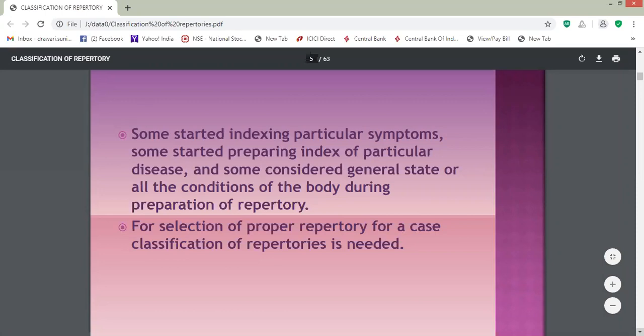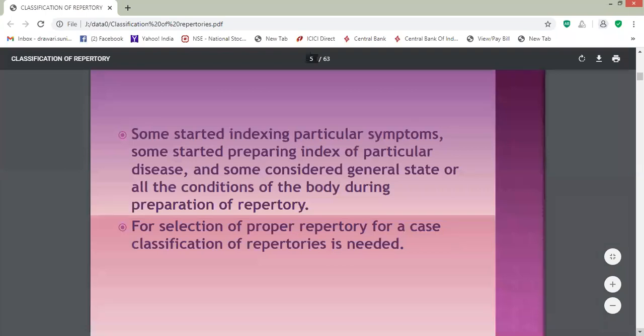So in this way, for ease of use, many homeopaths started to work on repertories. They started to write down the rubrics from the repertory in different ways according to their convenience.